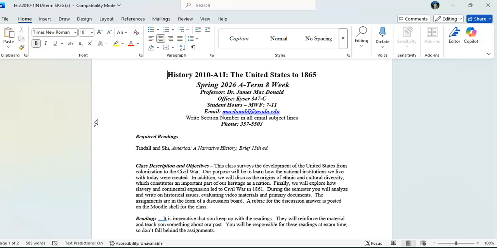But as a favor to me, and this is going to actually be a favor to all your professors, make sure you write your class, which is 2010, and section, which is A-term. So you can just put History A-term, History 2010 A-term. If you want your email to be answered, that's the best way to do it.